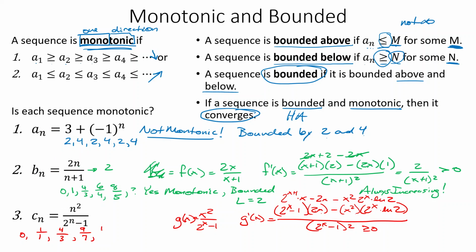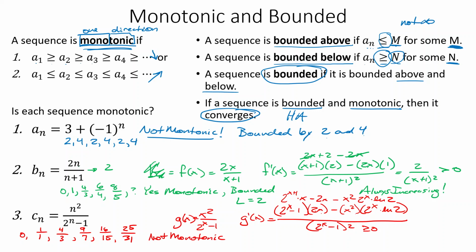If we plug in 4, we get 16 over 2 to the 4th, which is 16 minus 1 is 15. And it looks like we went up and then back down here. What if we plug in 5? We get 25 over 32 minus 1, which is 31. So we're at 1, then we're bigger than 1, bigger than 1, bigger than 1, less than 1. So we went up and then we went back down. So it's not monotonic.